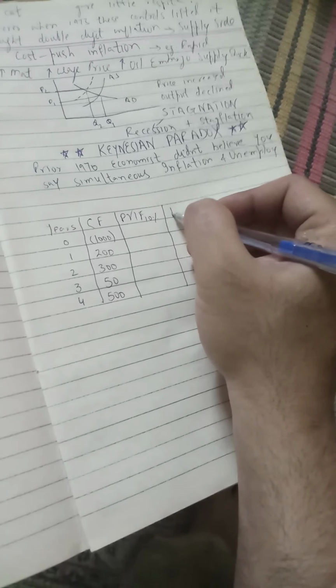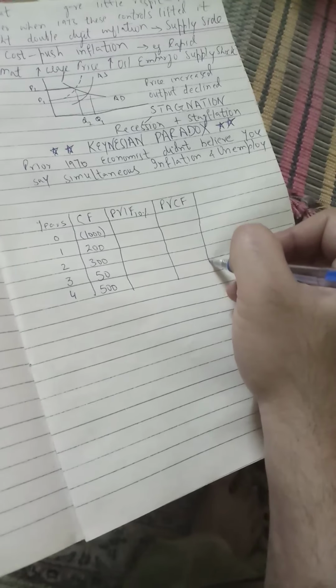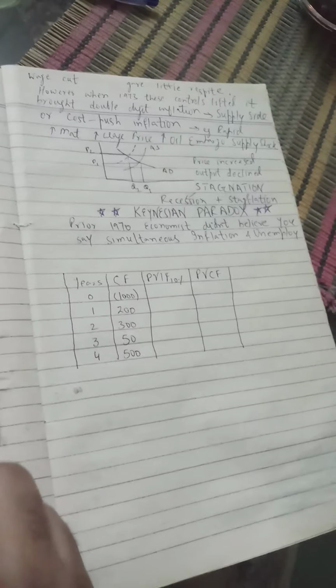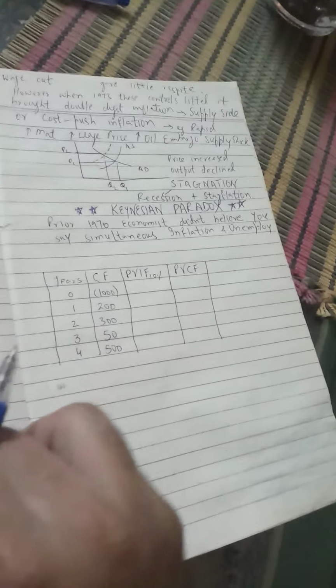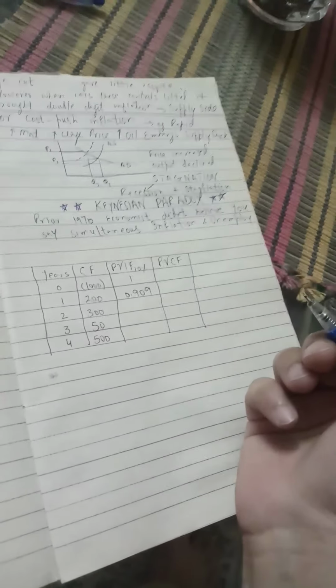Then present value cash flow can be calculated. For example, if we want to calculate the present value cash flow, at the end of year 1, it comes to be 0.909.